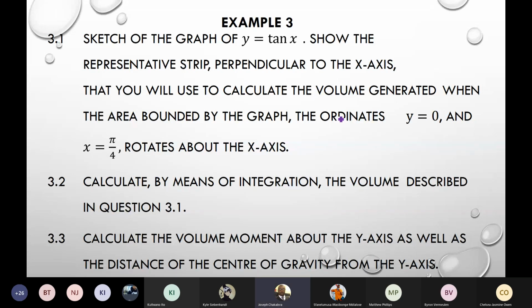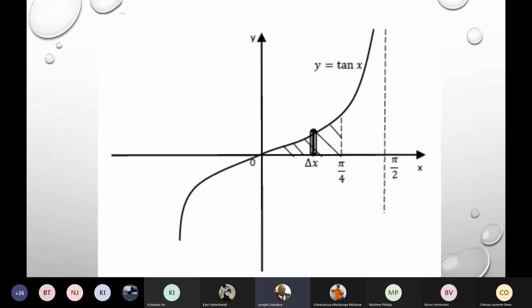Then 3.2, calculate by means of integration the volume. 3.3, calculate the volume moment as well as the distance of the center of gravity. So the first part is the sketching, the representative strip and the area, all that.